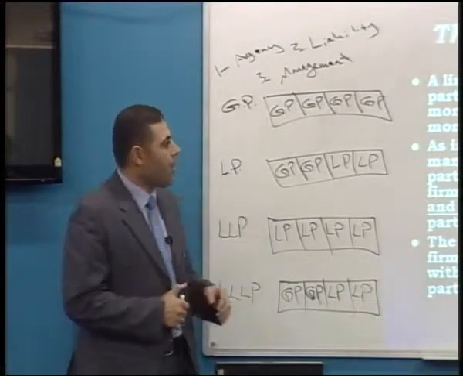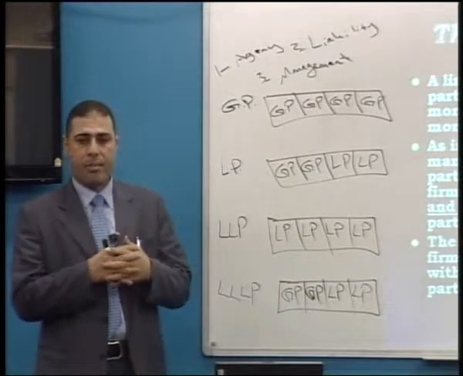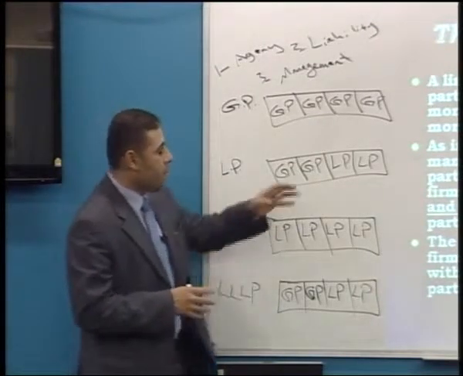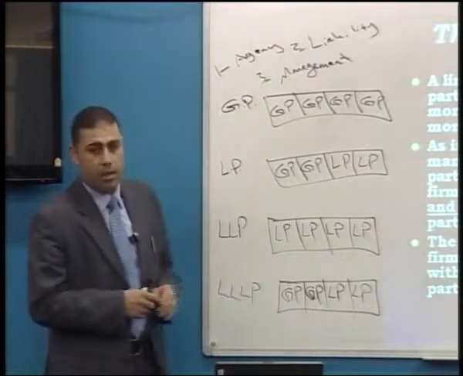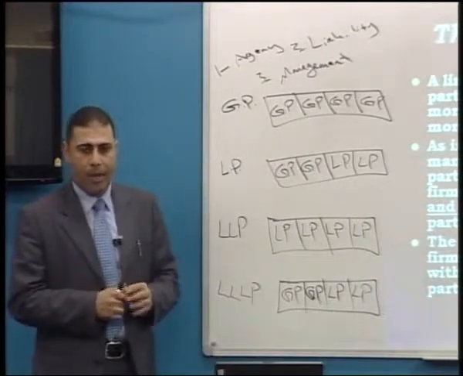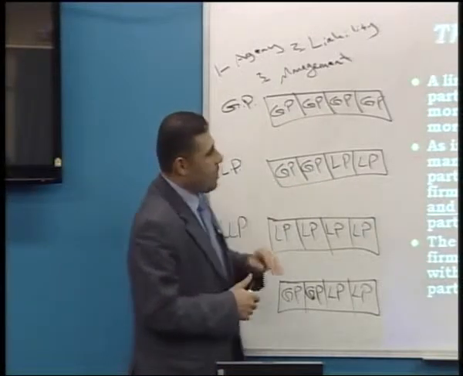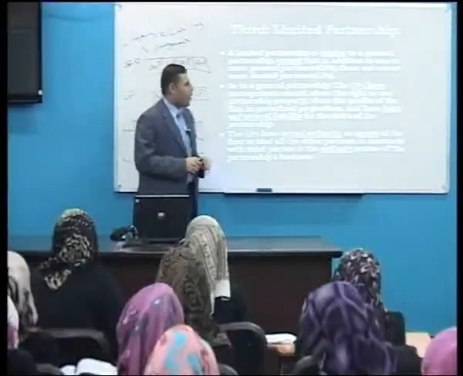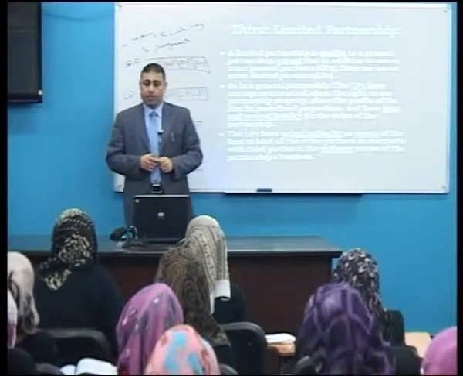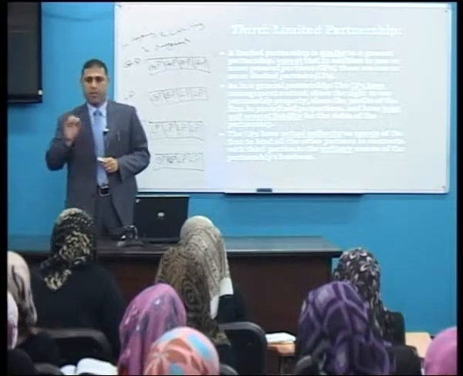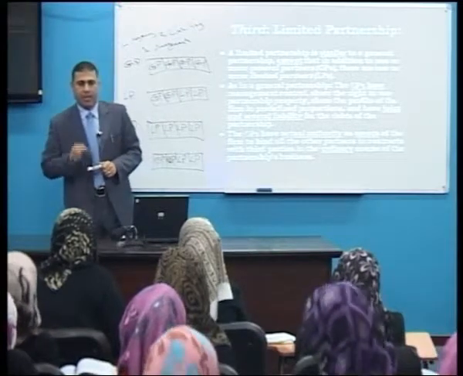The second type is a mix between GPs and LPs. We call it limited partnership. It's much similar to general partnership, but we have some differences, of course. In limited partnership, we have to have at least one GP and at least one LP. When I say GP, it means general partner, and LP, limited partner.